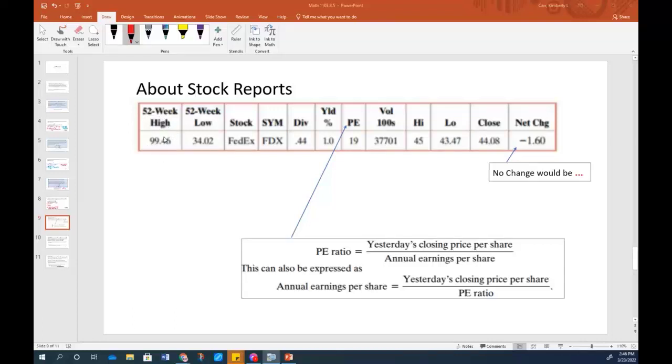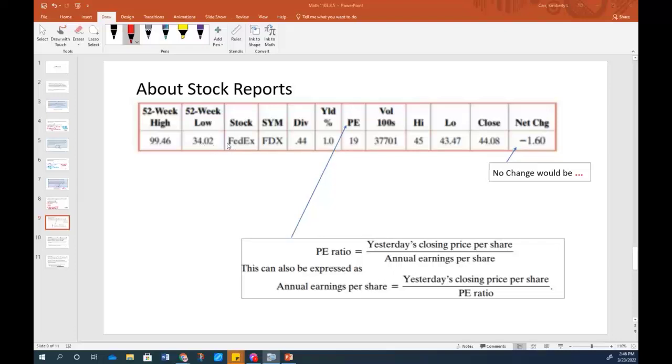The highest price per share. Similarly, but contrasting, this is the lowest price in the running 52 weeks, in the past 52 weeks. Now this does represent money, so this would represent that this stock sold or was valued at $99.46 a share at its high point during the last year, $34.02 at the low point.